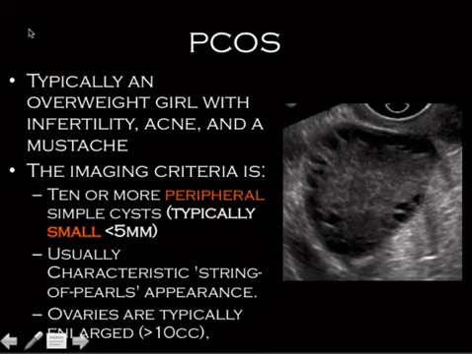So the criteria is a whole bunch, 10 or more, peripheral simple cysts that are small. You can have enlarged ovaries, and they usually are, but about a third of patients actually have ovaries that are normal in size. I would expect that if you were shown a case, it would have an enlarged ovary.